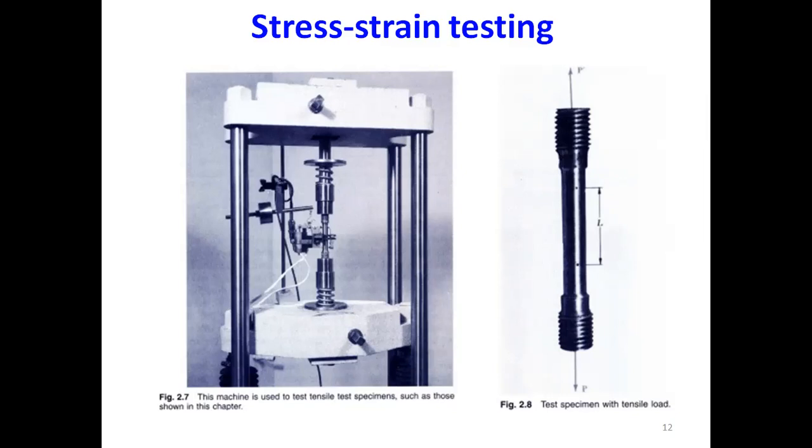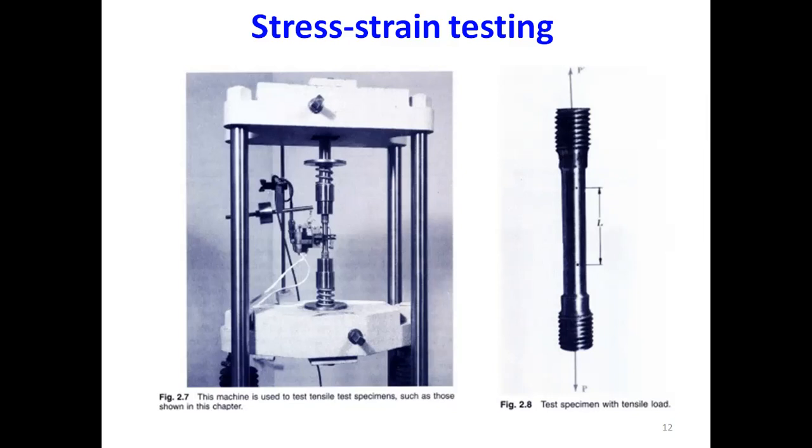Remember that the machine is not measuring the stress and strain. It is measuring the force which you are exerting on the specimen and the deformation which is happening inside the material. Remember that we cannot measure stress, we can only calculate stress.